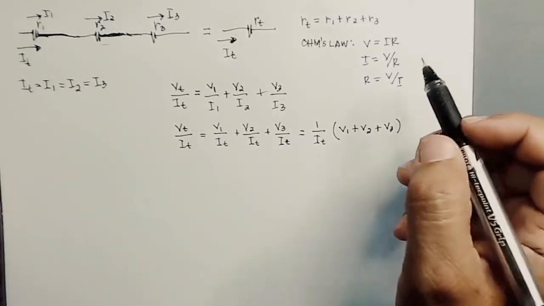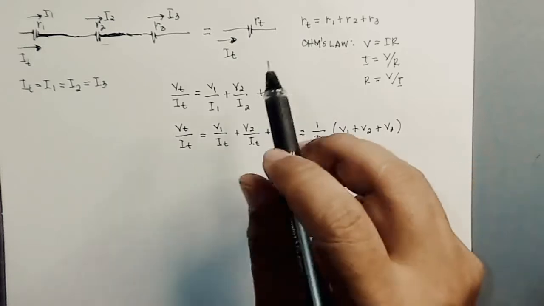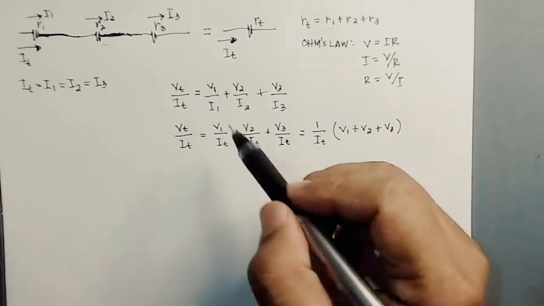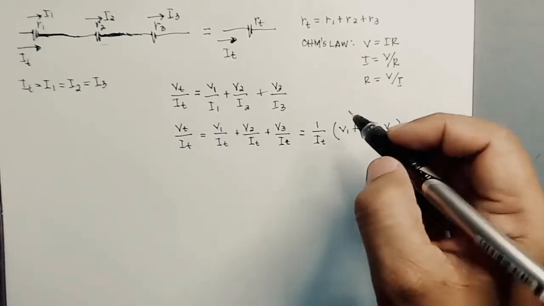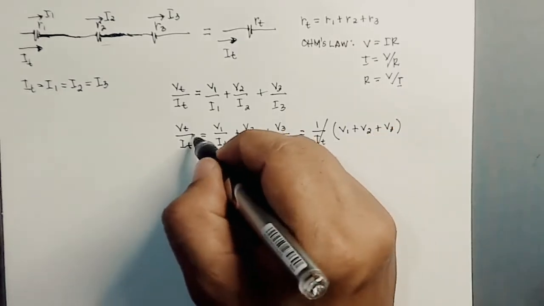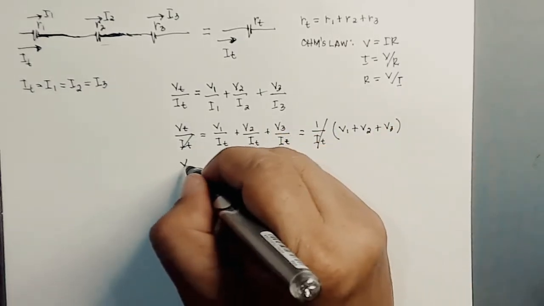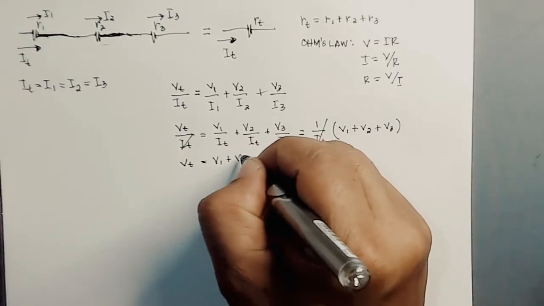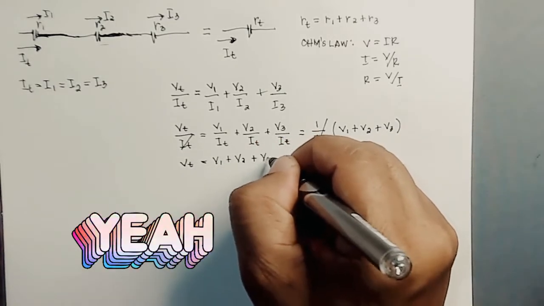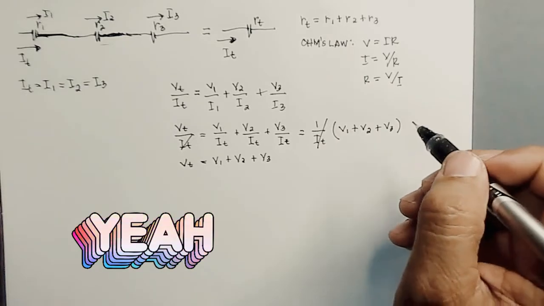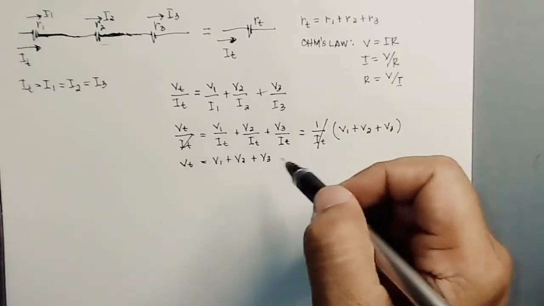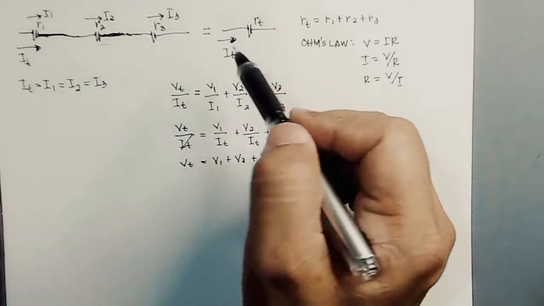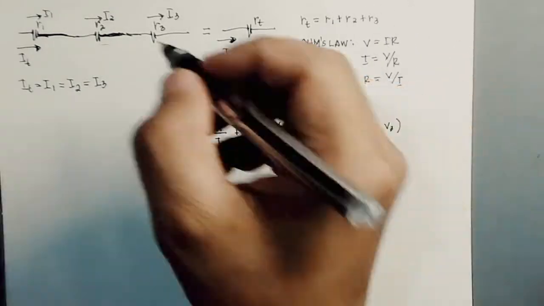So in our algebra, since in both sides you have the same value, you can factor it out. So you factor this one and this one. So what remains is V sub T is equal to V sub 1 plus V sub 2 plus V sub 3. So we have here a relationship for the voltages of resistors in series.